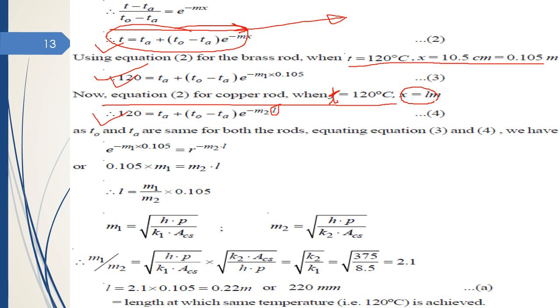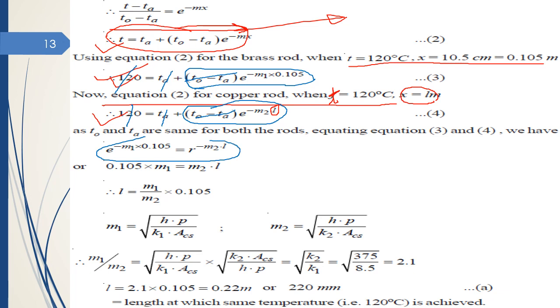When we compare these two equations, 120 is common, Ta cancelled. The only remaining thing is T0 minus Ta into this term, so again T0 minus Ta is cancelled from both sides.